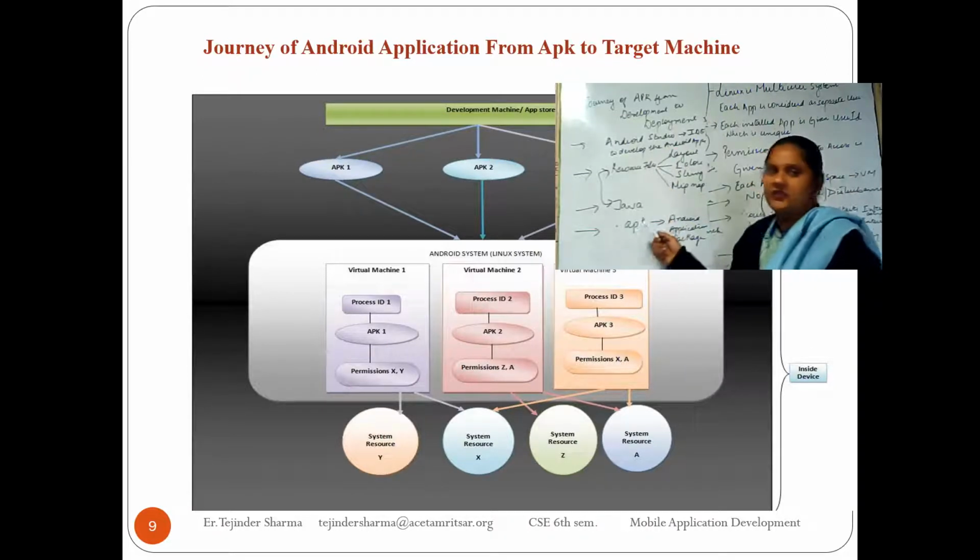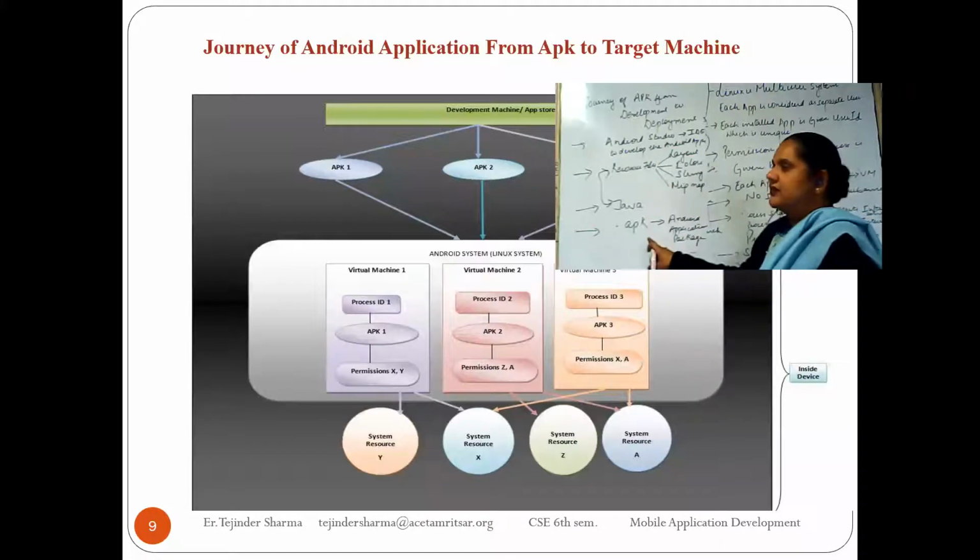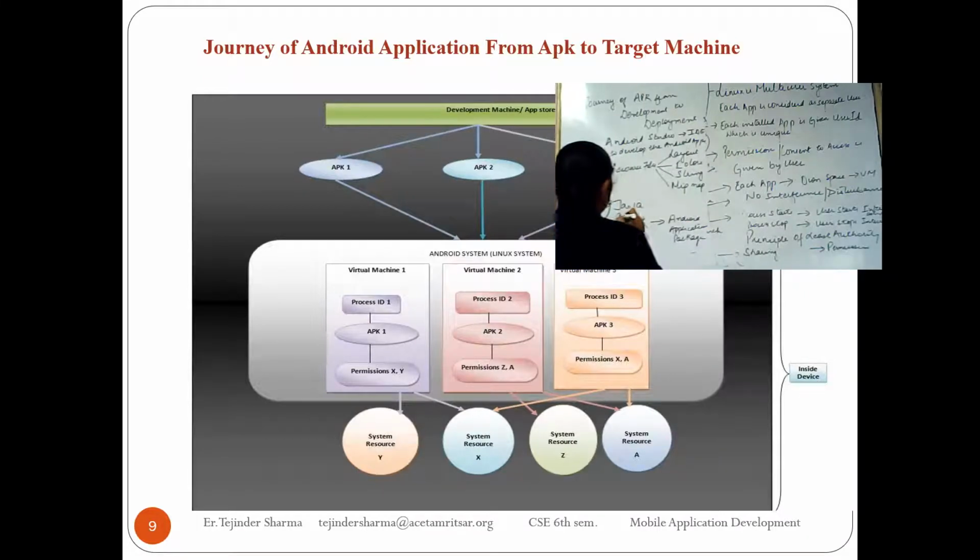One is resource files, another is Java. Together they are compiled and clubbed together in a single archive that is called .apk. Its full form is Android application package. This is packed into the archive called .apk.